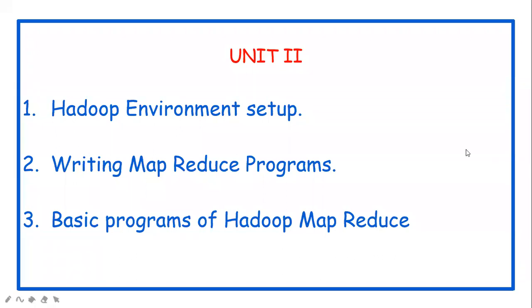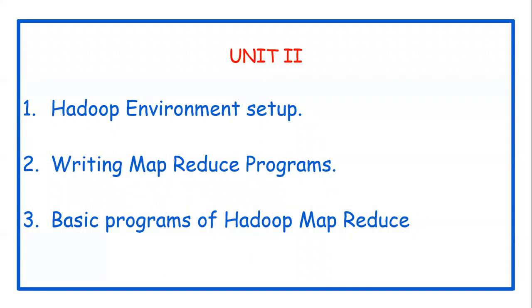The second unit only focuses on this: we have to set up, we have to prepare a particular environment that is called a clustering environment. Such a cluster has a set of machines. Those machines will play as a name node and as data nodes. So that is a distributed environment, which will be set up by Hadoop.